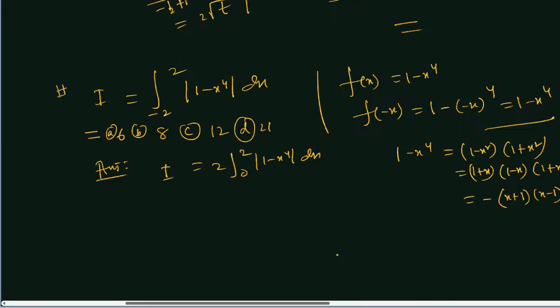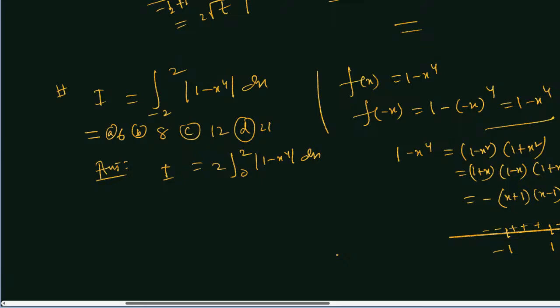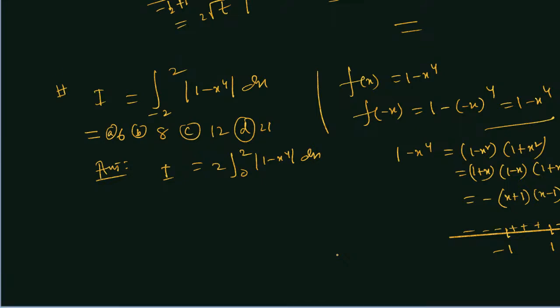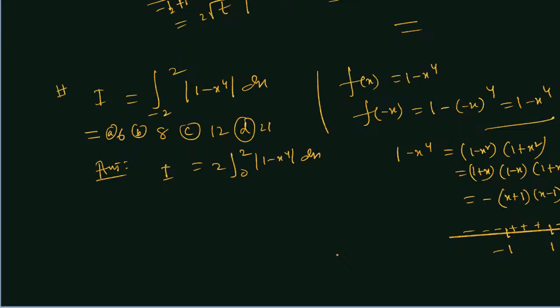You don't have to think about x squared plus 1. This is always positive. Isn't it? Minus 1 and here it is 1. So this will be negative, positive, and this will be negative, because the minus sign is there before. So this function, if you split, 0 is in between, no?